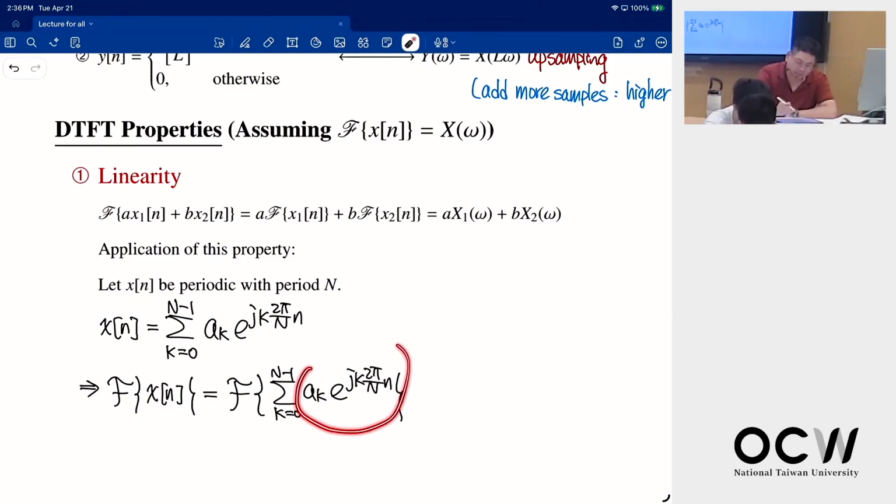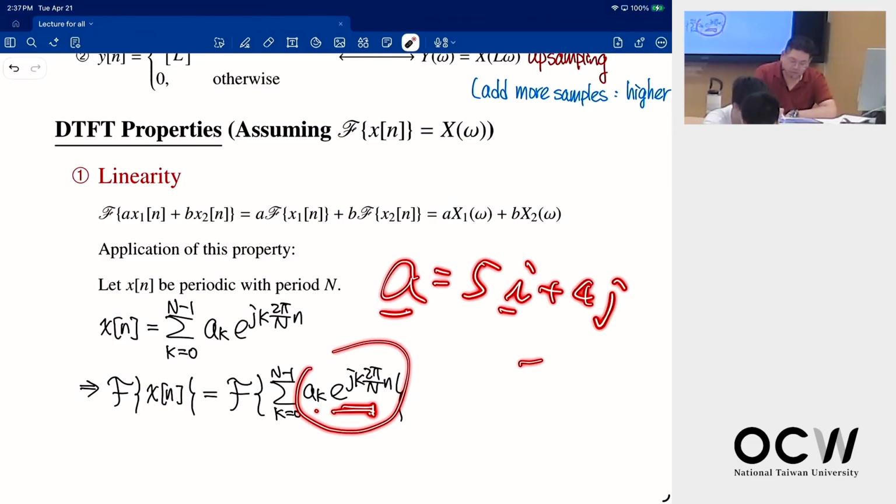Again, this is a linear combination of your bases, like a equals 5i plus 4j minus 3k.